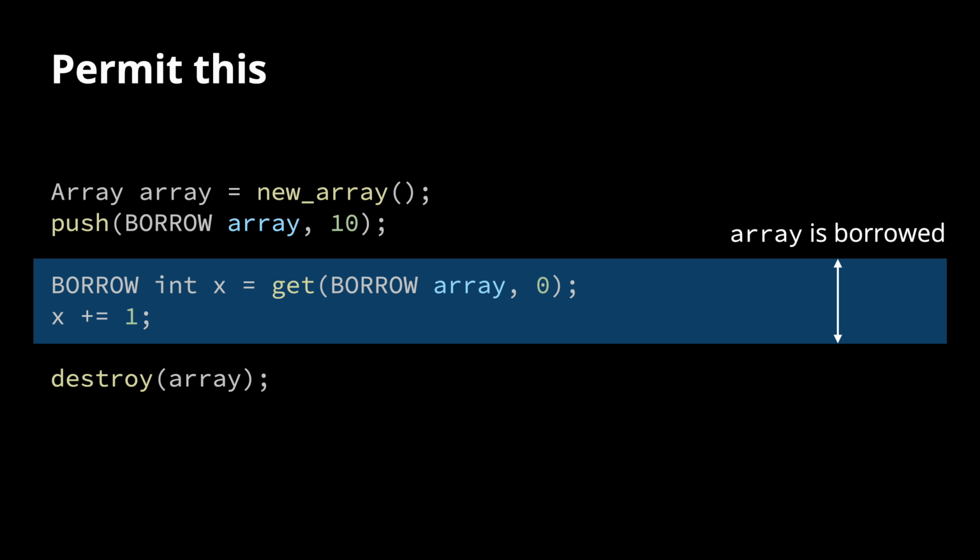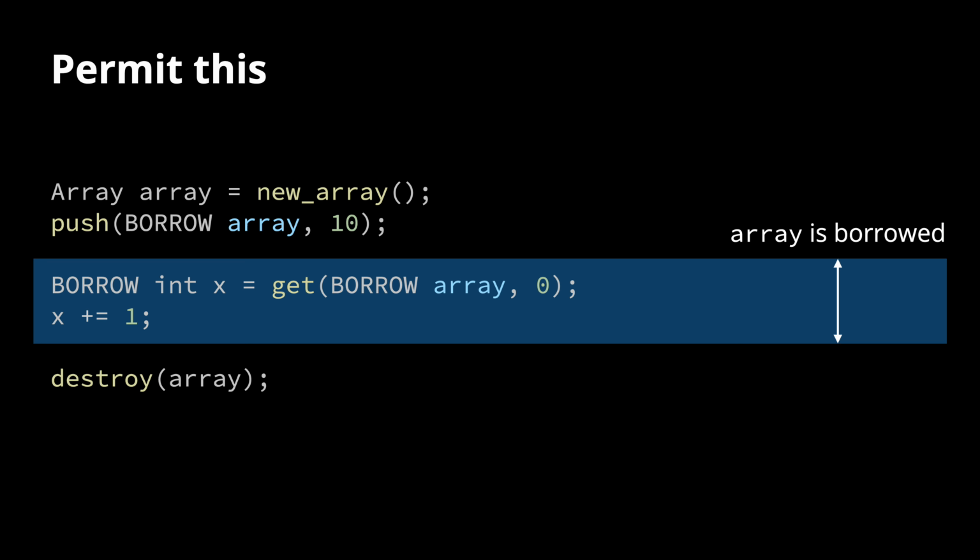The borrow starts with borrow array when we call get and lasts for as long as x is in use. Within that region of the function, array continues to be borrowed even though get has returned. The fact that x is in use extends the borrow of array. Array is borrowed for as long as x is in use.